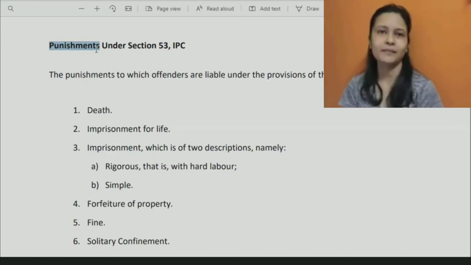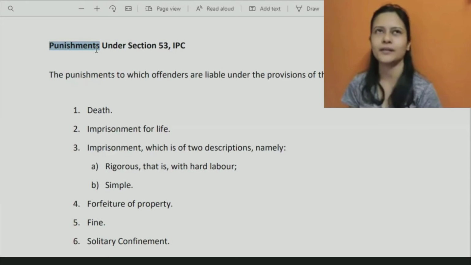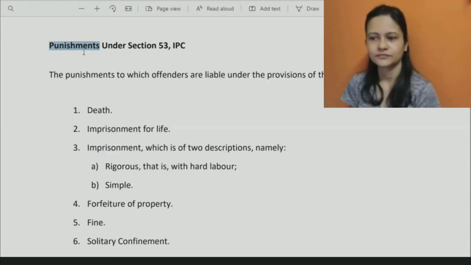Now, in criminal law in India, there are mainly 2 reasons why punishments are given. Any idea what may be the reasons? To set an example. To set an example, correct. Anything else?